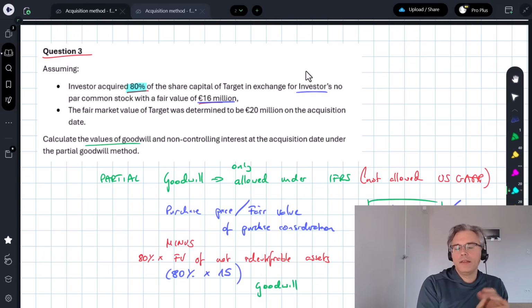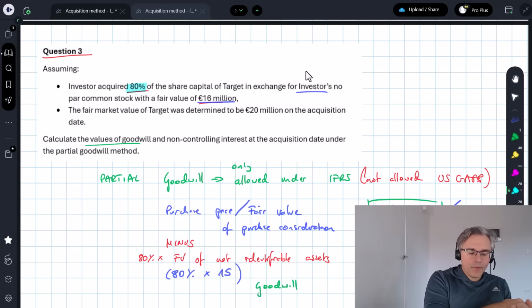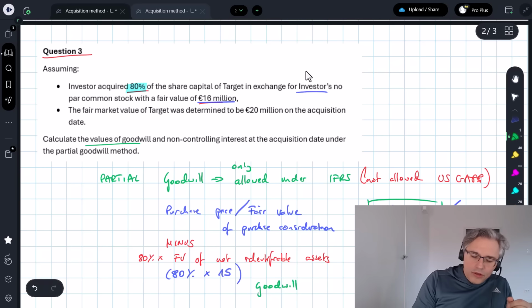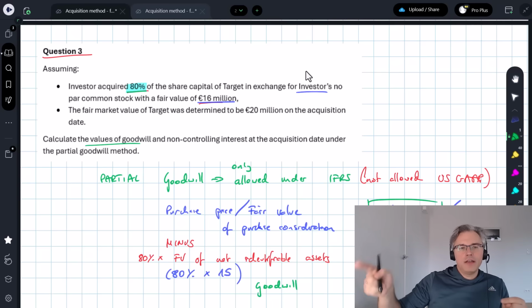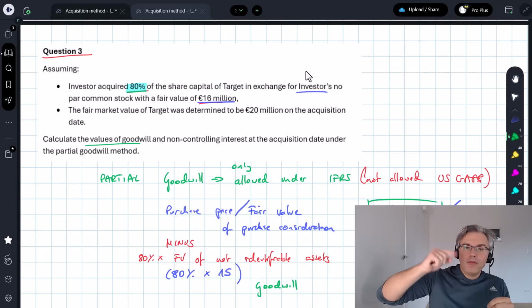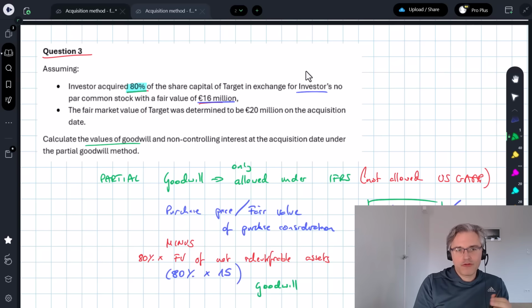This is a way the examiner may catch you out. No, you consolidate fully. Why? Because even though you own 80% of that other company's shares, you're in control over the entire company. Control is a sort of 0-1 type of phenomenon.